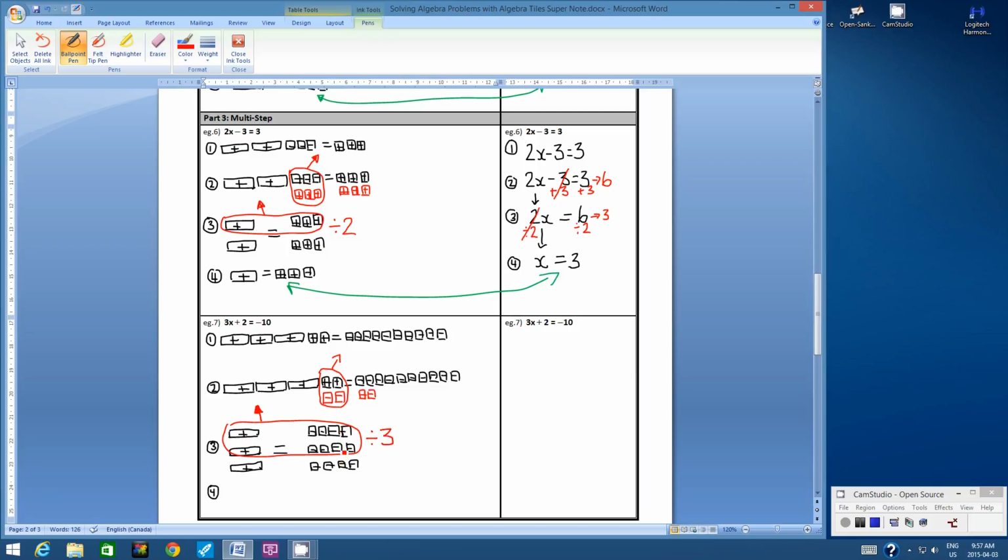Even though we circled 2 of the groups, we are actually dividing by 3 because there are 3 groups. And let's draw what remains, our answer. Our answer is x equals -4.